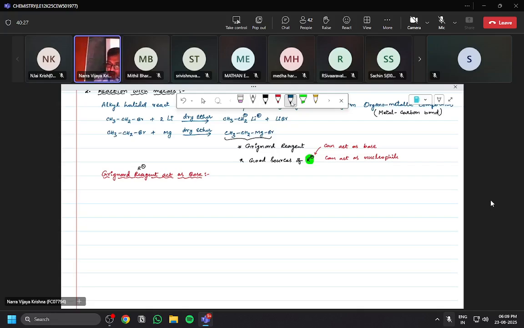For example, say this. All Grignard reagents, not only Grignard reagents, all organometallic compounds are unstable in presence of acidic hydrogen. For example, I am taking RMgX allowed to react with water.